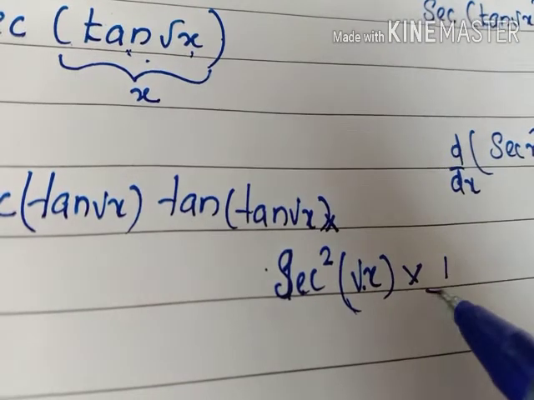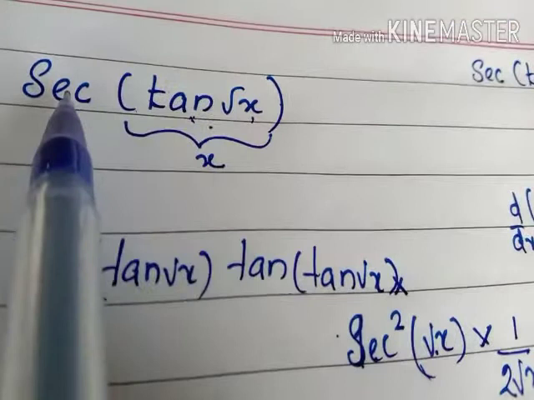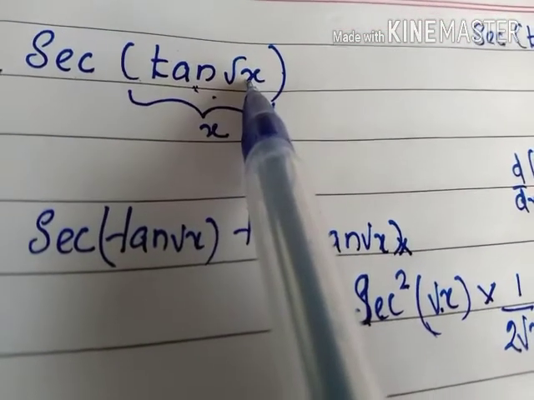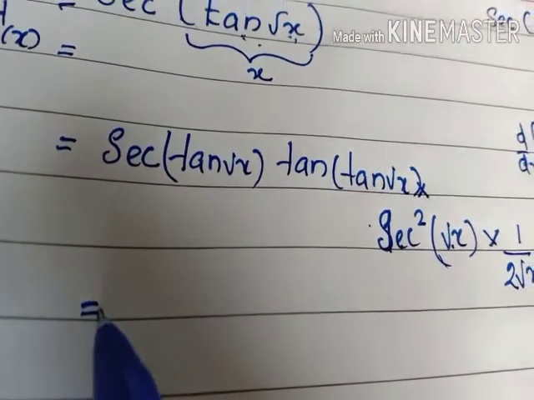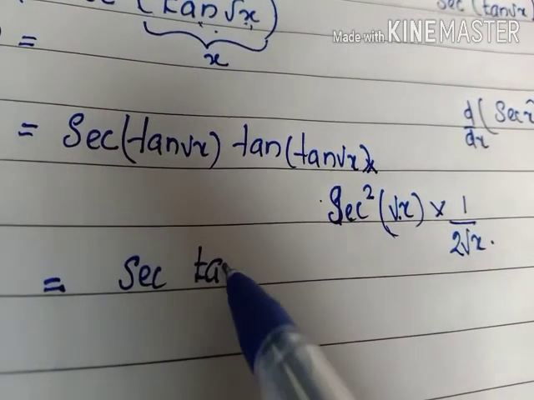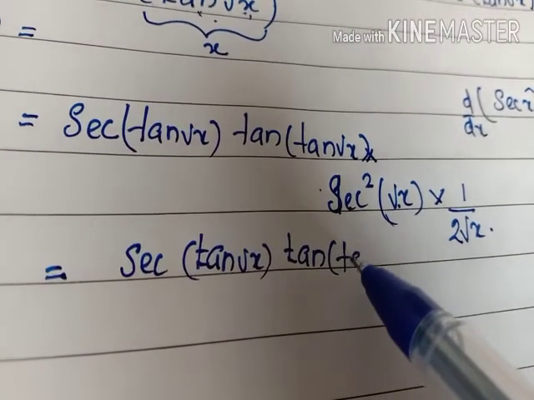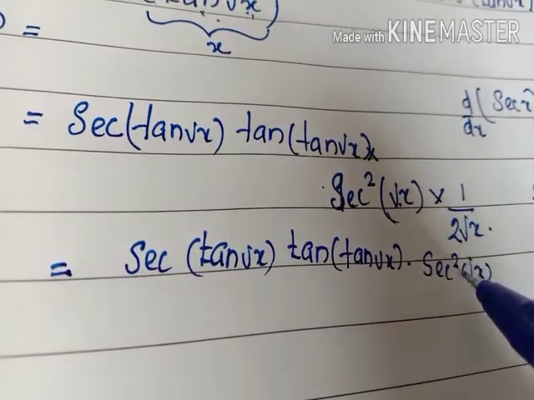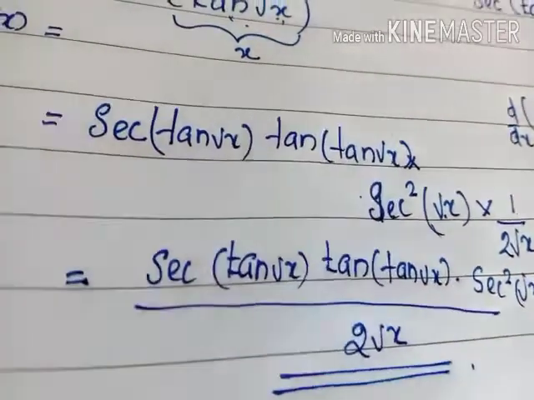What is the derivative of root x? 1 by 2 root x. Clear? First we find derivative of sec, then tan, then root x. Three functions are there. So rearrange the terms, we get sec tan root x into tan root x into sec square root x divided by 2 root x. Is clear?